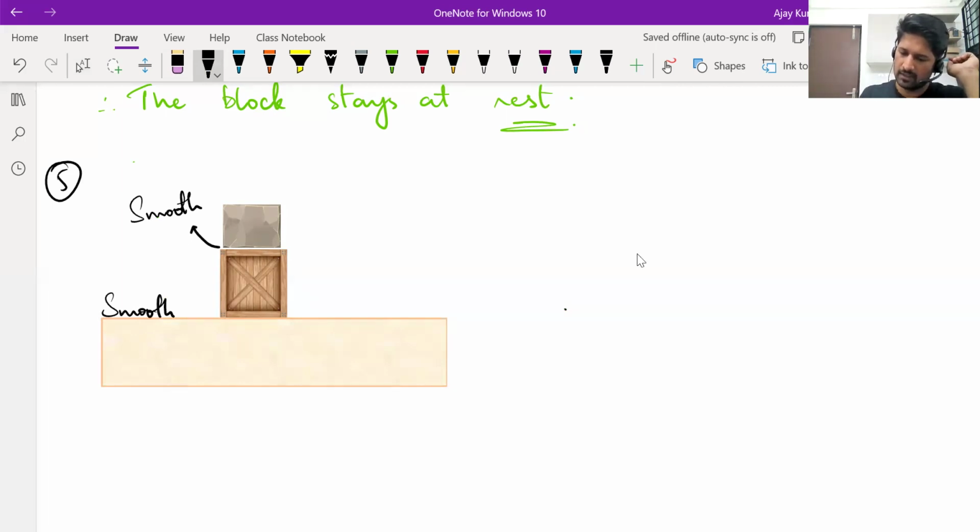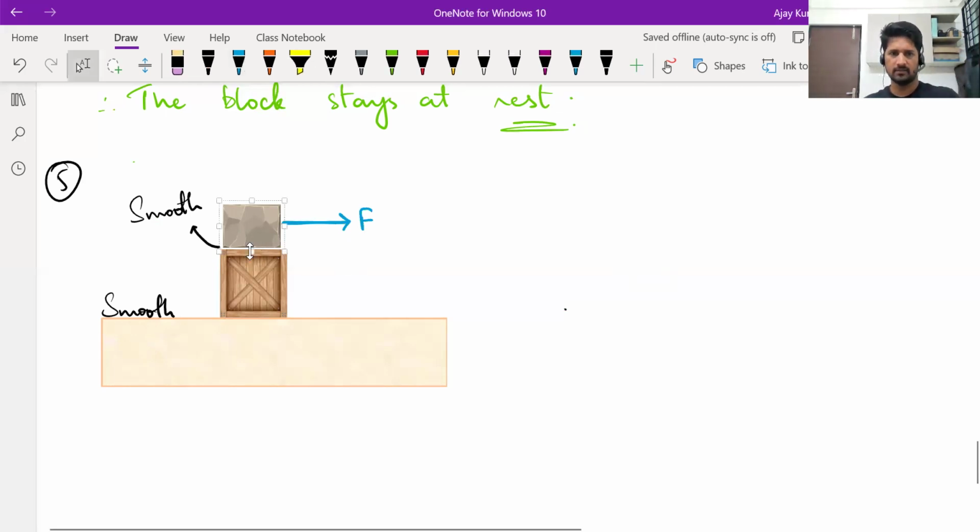Now tell me, if you apply a horizontal force on the upper block, what will happen? Initially, both objects were at rest. If we start applying a horizontal force on the upper block, what will happen?